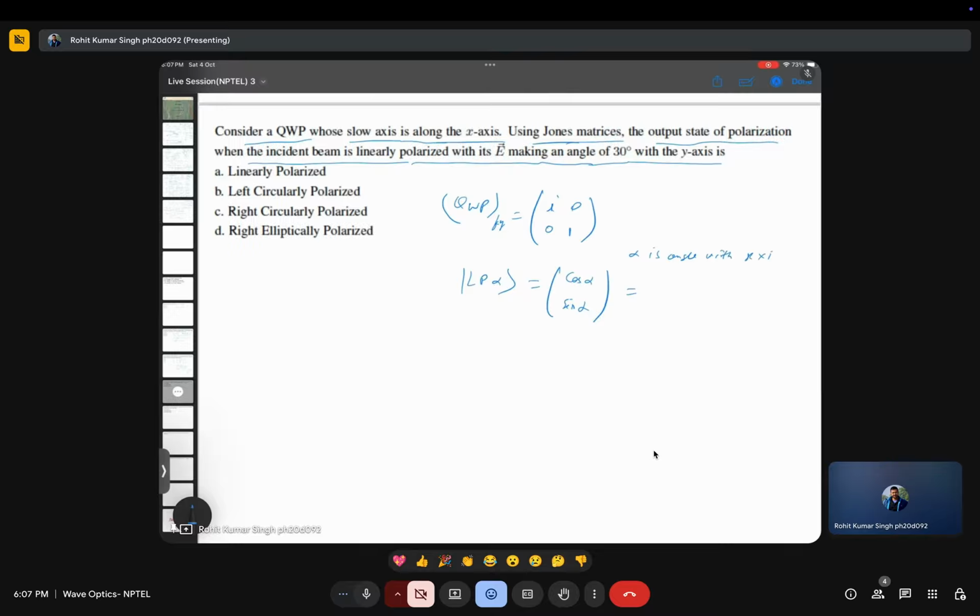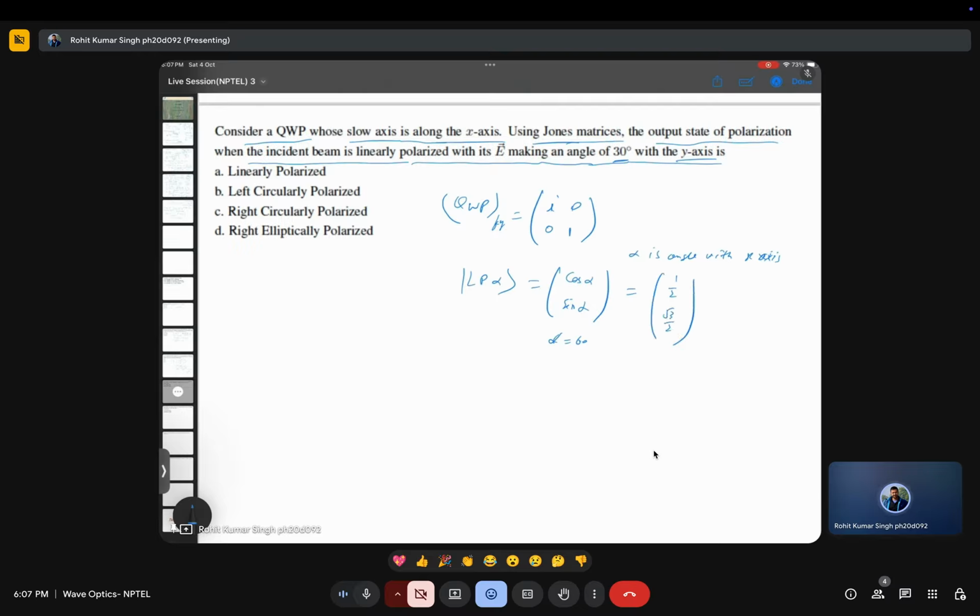Here the 30 degrees is given with respect to y axis, so this alpha will be here 60 degrees, right? So cos 60 is 1 by 2 and sin 60 is root 3 by 2.